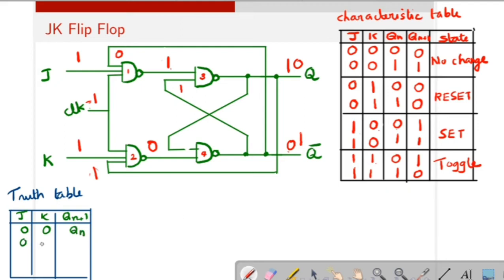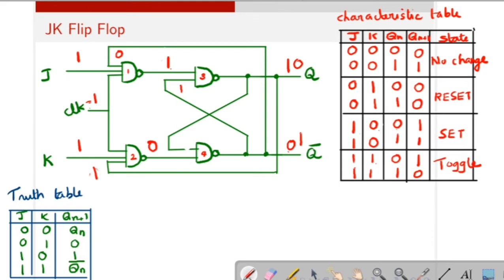J is equal to 0, K is equal to 1 means reset state, so the output is 0. J is equal to 1, K is equal to 0 is the set state, so the output is 1. Then when both inputs are 1, the next state is always the complement of the present state Qn, so we can write it as Qn bar. Clear? So this is the truth table of the JK flip-flop.